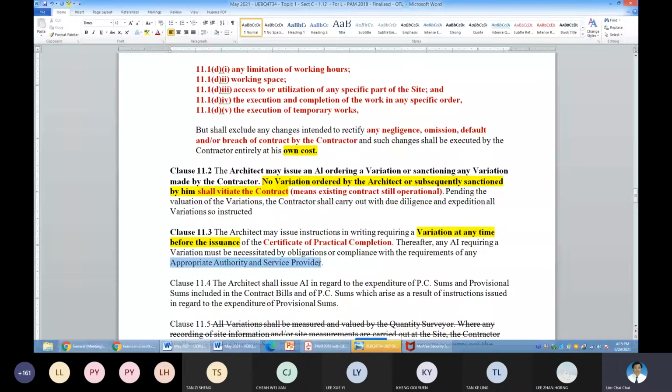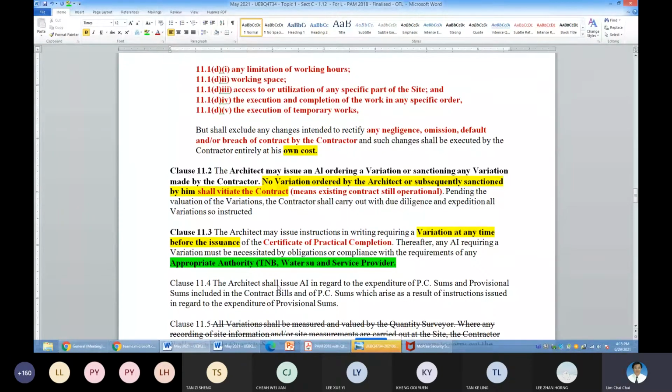For example, works to be carried out to comply with the appropriate authority, example, TNB, which is electrical, and then the water supply, and others.